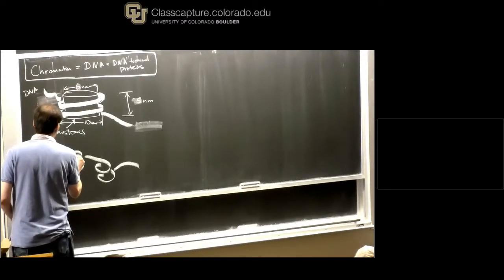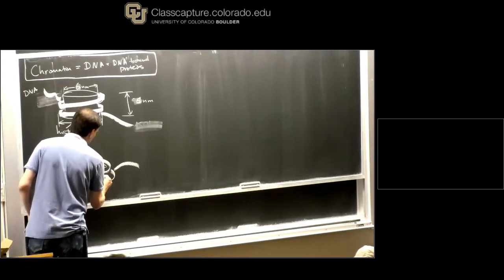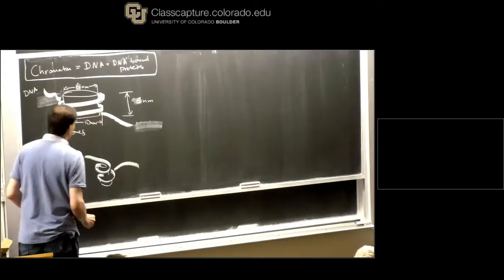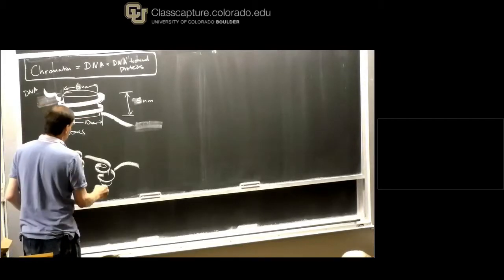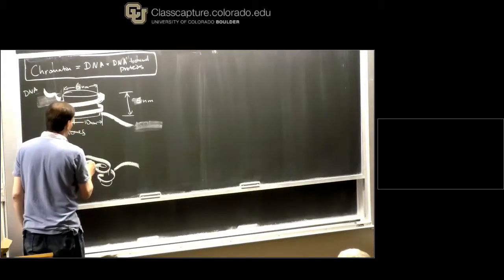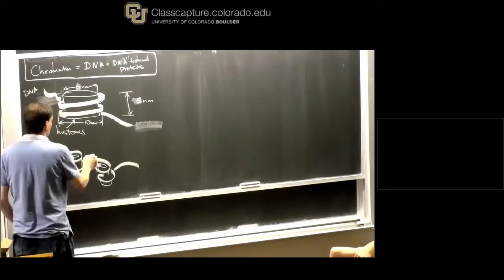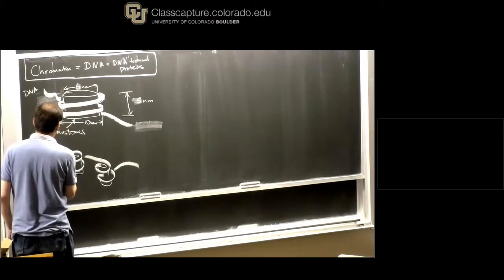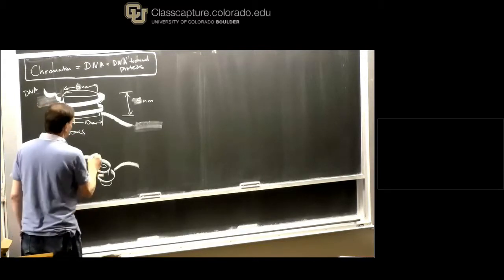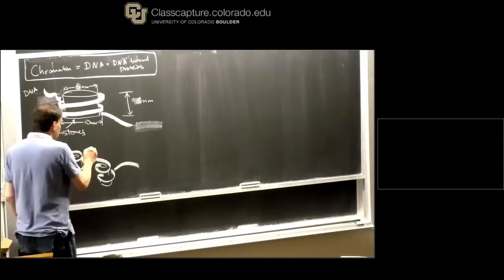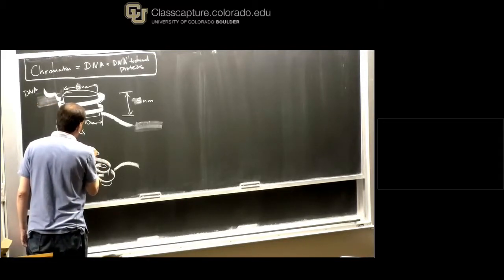Size of the barrel is such that with DNA, it's about 10 nanometers in diameter, 6 nanometers in height. Each barrel takes about 150 base pairs of DNA, 147 on average, with some linker. So that's this linker. The linker depends on the organism, and we can say 50 base pairs, roughly.